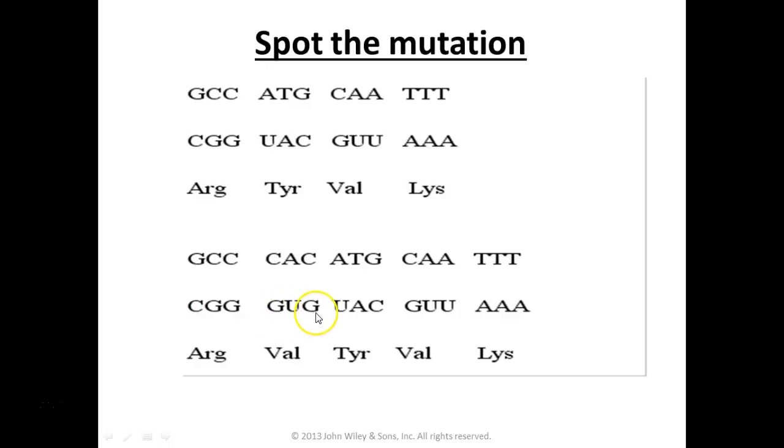This is what the messenger RNA would say, and this is a three-letter abbreviation for what? We go from DNA to RNA to what? Proteins. So what are proteins made out of? Amino acids. This is that exception where you add a whole amino acid, and you don't get a frame shift. This is rare, but it can happen.